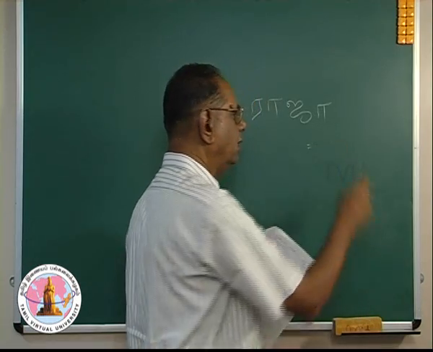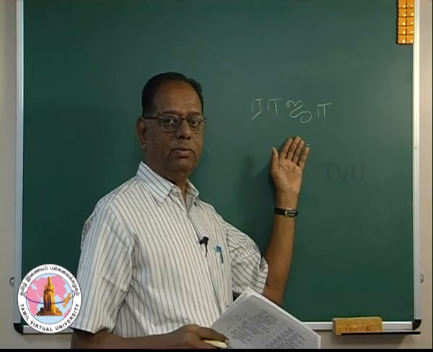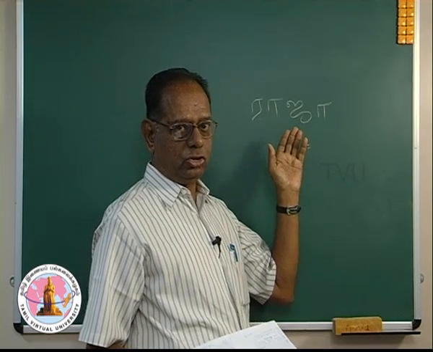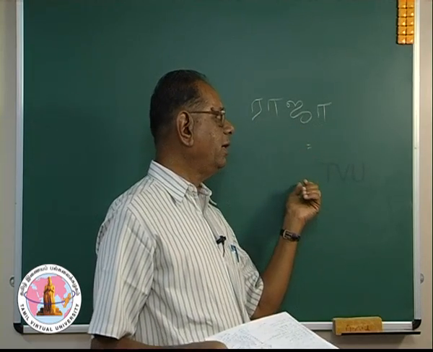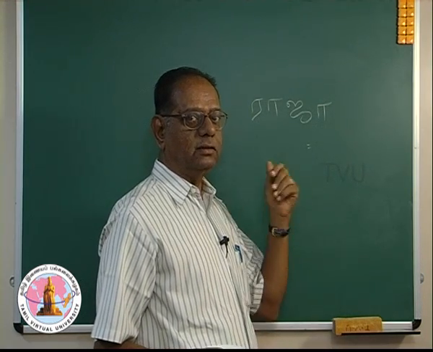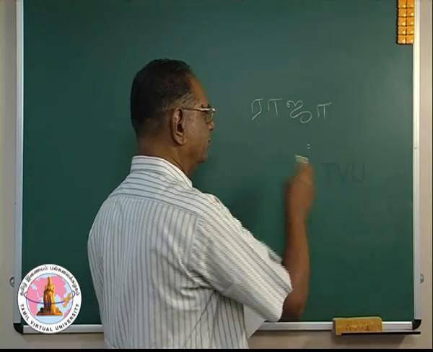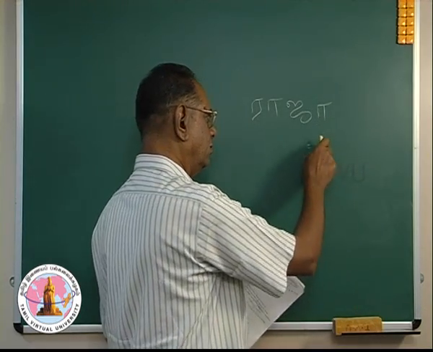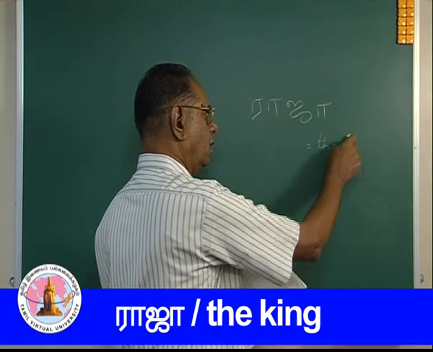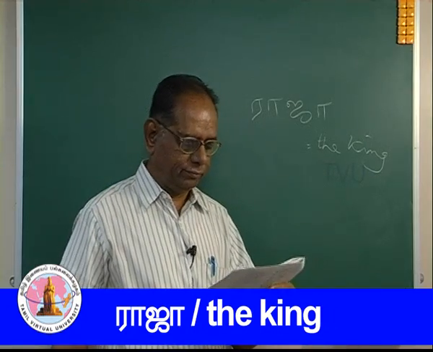As I told you earlier, these sounds were taken up from another language and were accommodated with the help of these improvised letters. The sounds are from outside. So naturally, this word means the king.